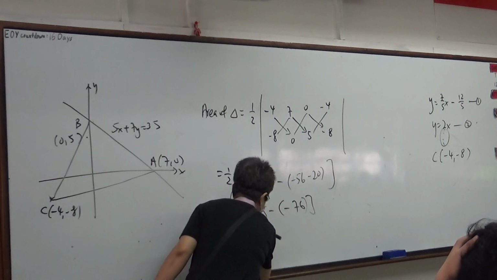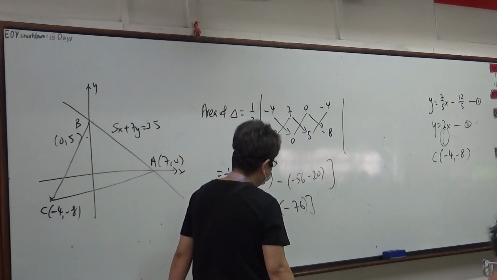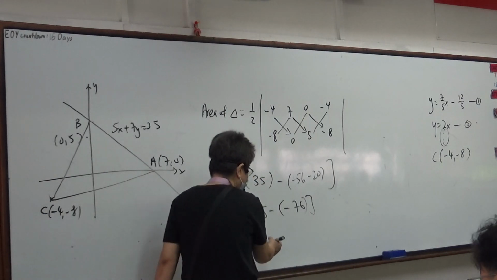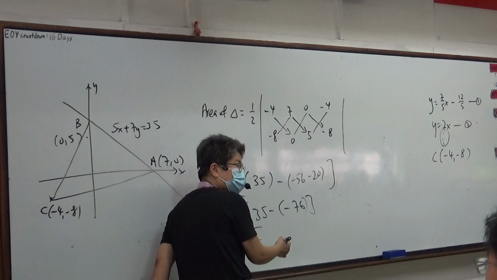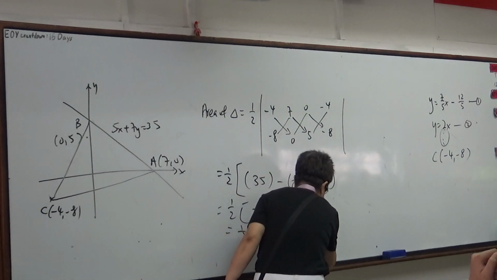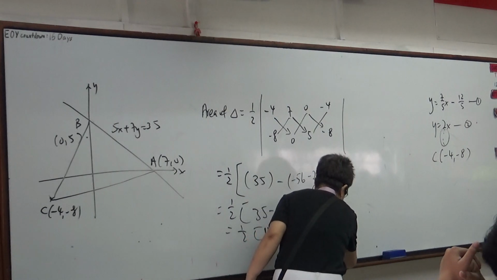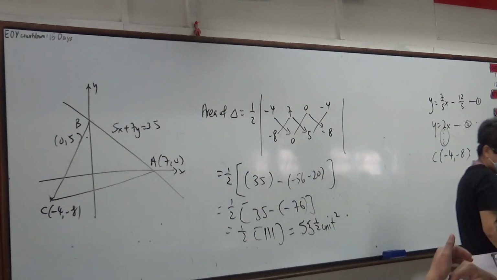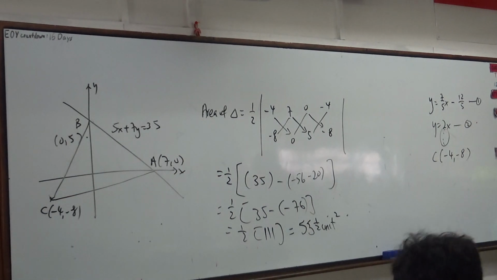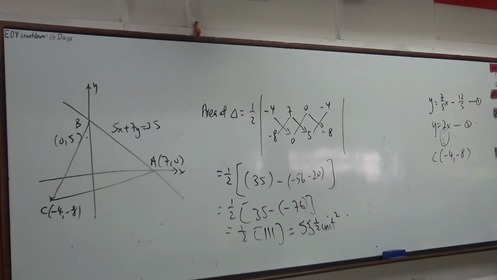So this is half into what? Plus together. 111, right? Inside 111. So this will be 55 and a half unit square, right? Can you see that? I don't have to work so hard, find length, or whatever. I just use the shoelace method and I can get the answer.